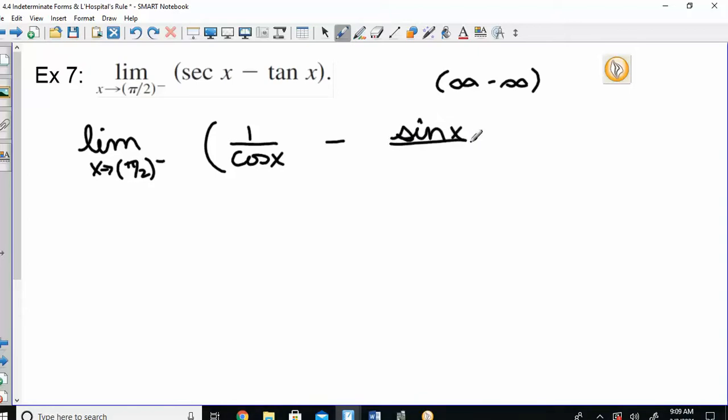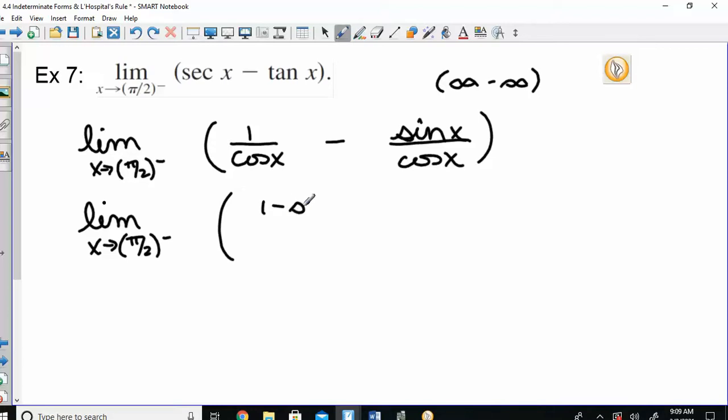Sine x over cosine x. Now, those even have a common denominator, so I could put them together in one fraction: 1 minus sine x over cosine x.